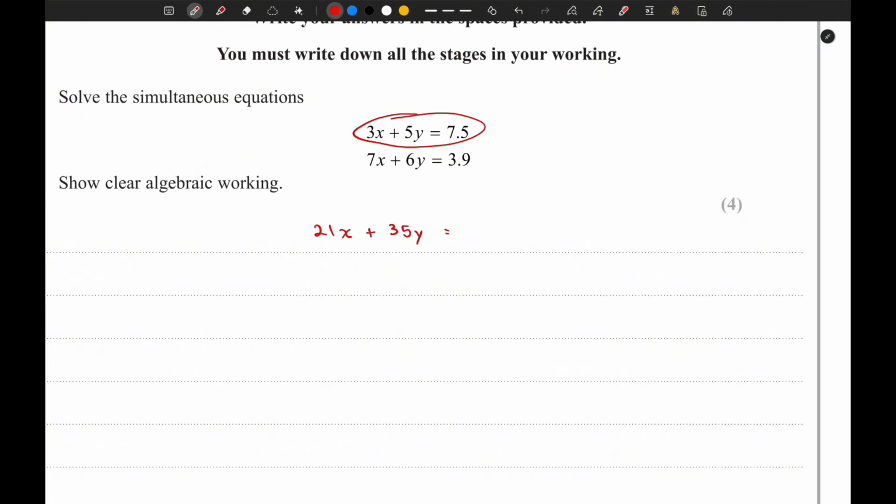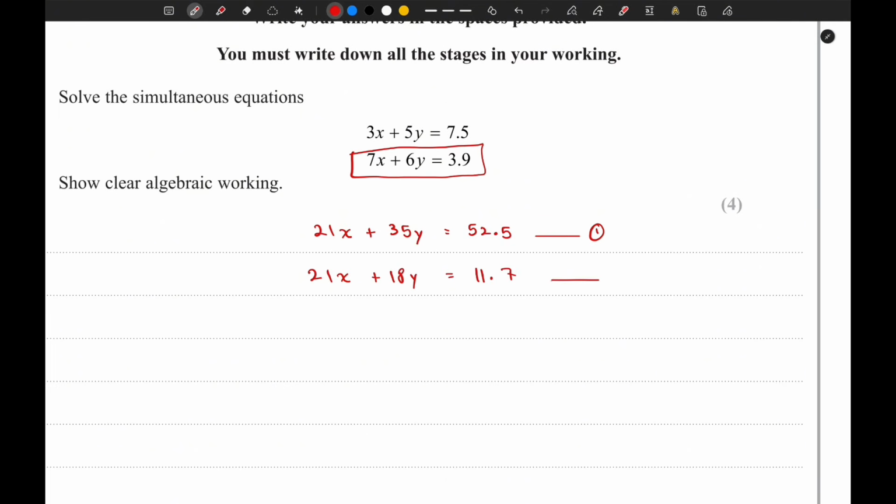That gives us 52.5. So this is the first equation. And then if we multiply the second equation by 3, we get 21x plus 18y equals 3.9 times 3, which is 11.7. That is our second equation.